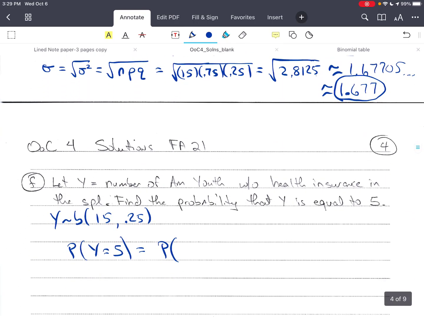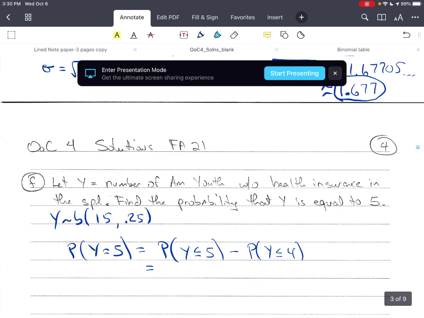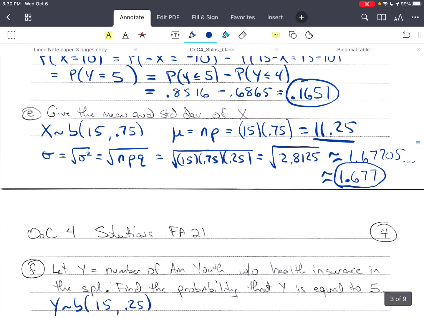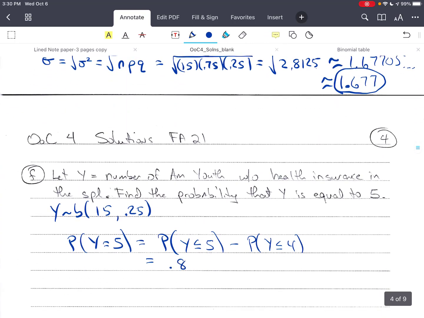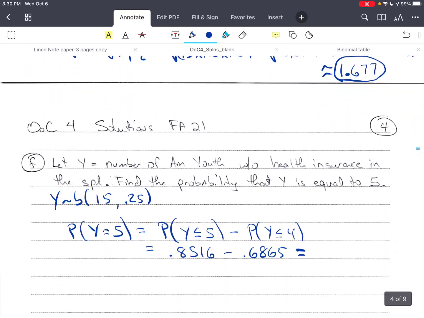It's the probability that y is less than or equal to 5 minus the probability that y is less than or equal to 4, which from our table was 0.8516 minus 0.6865, which we had right up here, which was 0.1651. Okay.